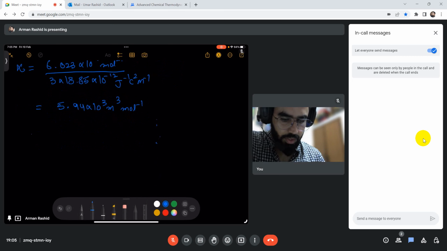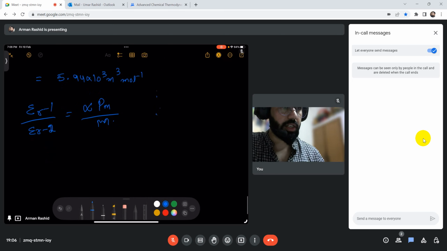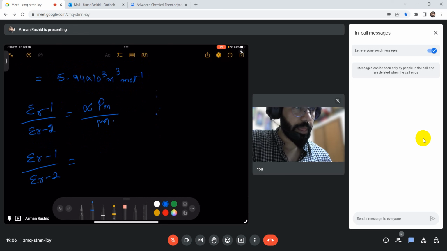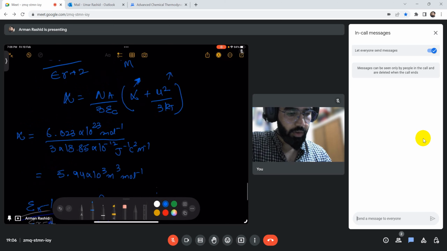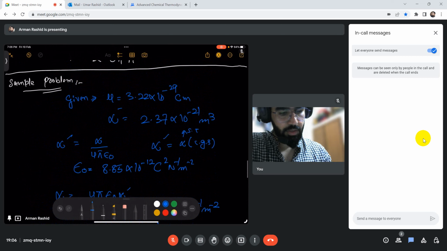Now we'll go to our previous equation, that is the Clausius-Mossotti equation, which tells us the relation between polarizability and the dielectric constant. So epsilon r minus 1 divided by epsilon r plus 2 will be equivalent to, we know the value of Pm.